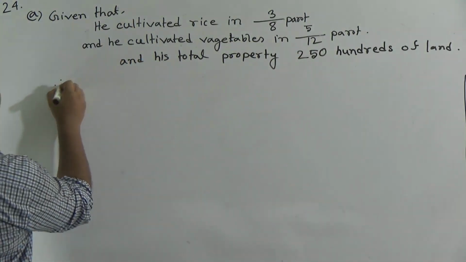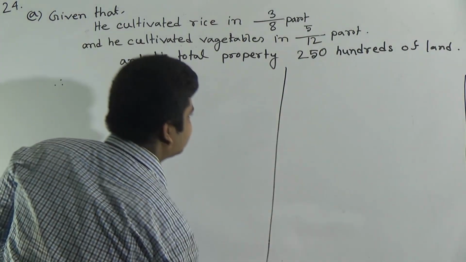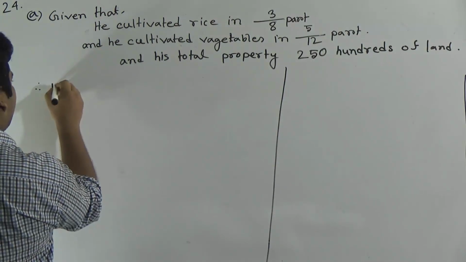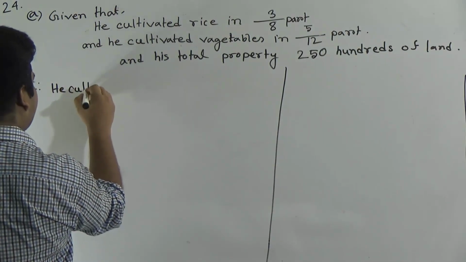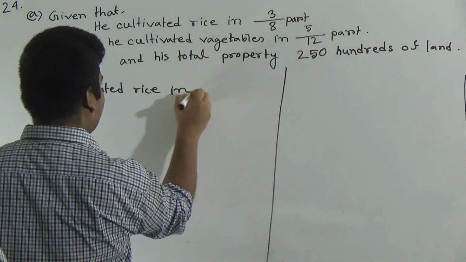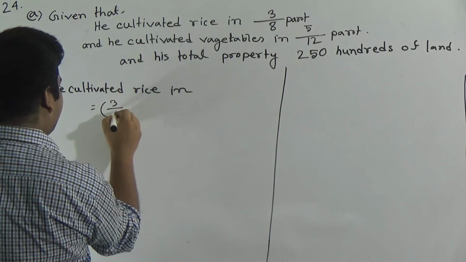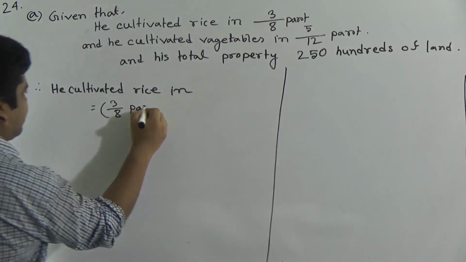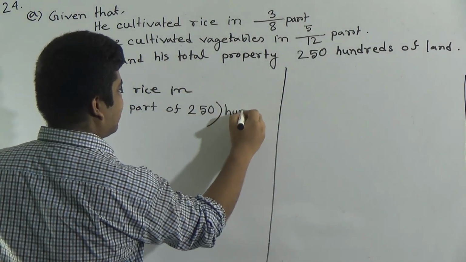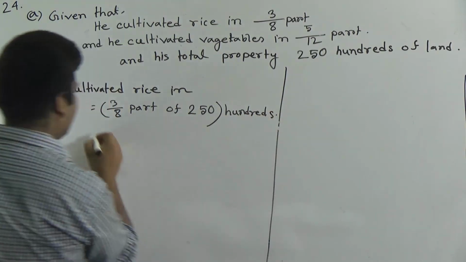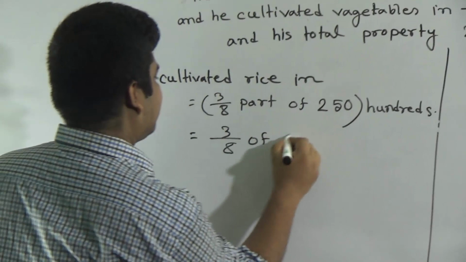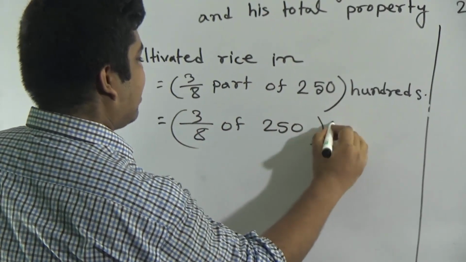Now, therefore, he cultivated rice in 3/8 part of 250 hundredths. Then 3/8 of 250 hundredths.